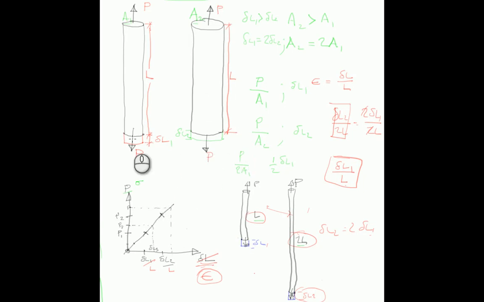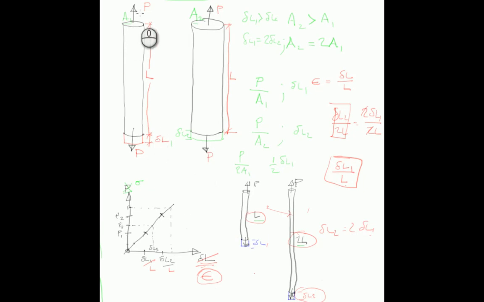And we see that if we measure, instead of measuring force, we measure stress, which is the force divided by the area, it doesn't matter what this area is. For the same stress, we will always get the same strain for any given stress.